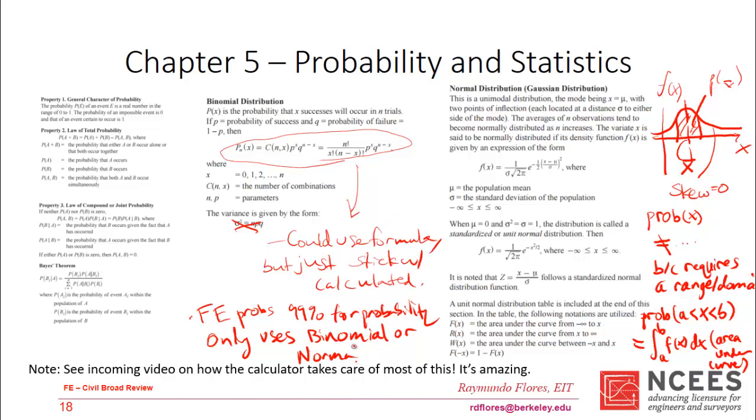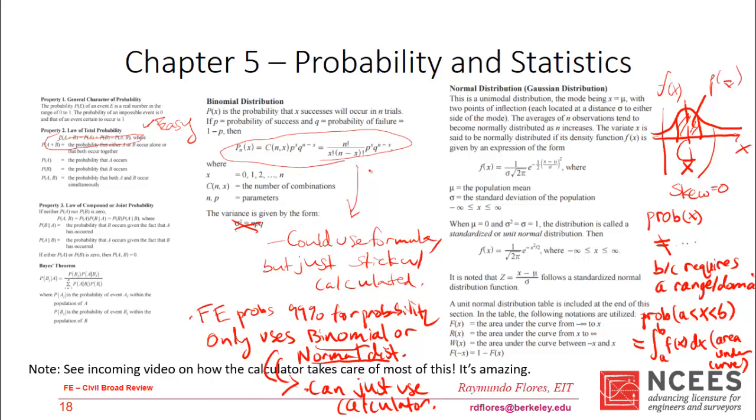So if it's not easy to where you can use this formula, then this is the easy one, you're going to be using either the binomial or the normal distribution. That's pretty easy because you can just use the calculator. I'll demonstrate that as we go along.